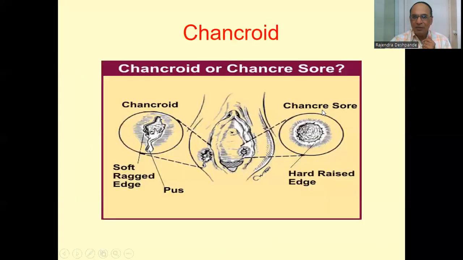Okay. So chancroid or chancre sore, we have to differentiate. Here you can see in chancroid there is a soft ragged edge and also pus is there. But in a chancre sore, there is a hard raised edge. This is the difference between the syphilitic ulcer and the chancroid ulcer.